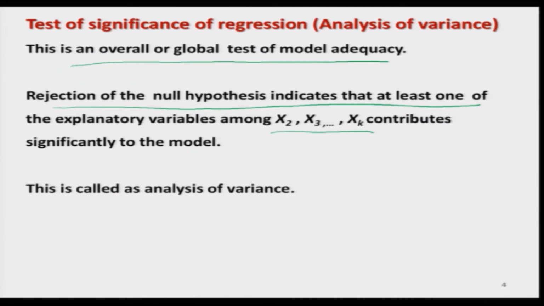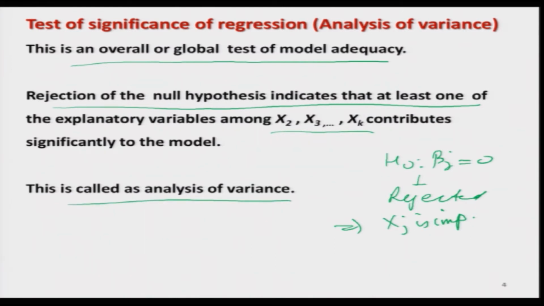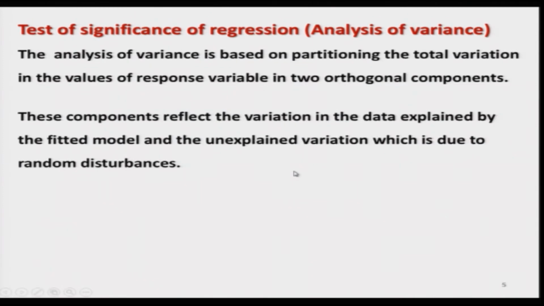Remember that when we discussed the test of hypothesis for H naught: beta j is equal to 0, if it is rejected, this implies that the corresponding variable xj is an important variable and it has to be in the model. Similar conclusions can be taken here. And this is what is called analysis of variance.